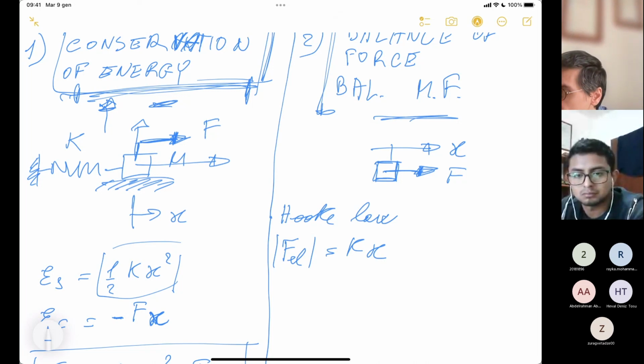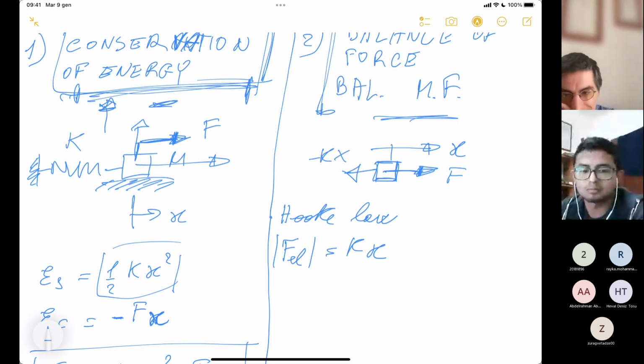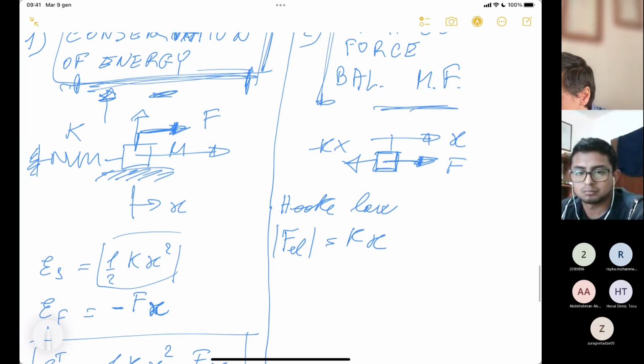So in our case, if x is positive, the elastic force is minus kx, oriented in the other direction. So minus kx is the algebraic component of our elastic vector force.